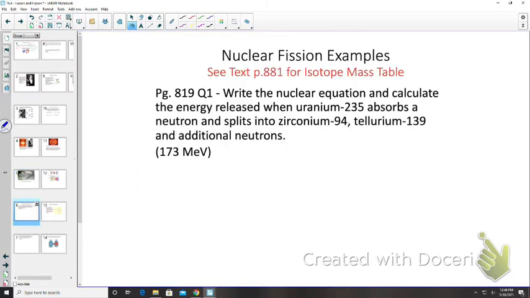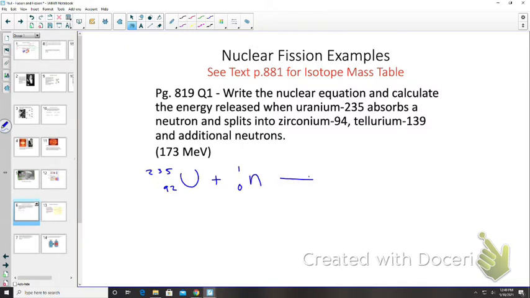Okay, so let's get into a nuclear fission example. We're to write the nuclear equation and calculate the energy released when uranium-235, which has 92 protons, absorbs a neutron. A neutron is 1, 0, n, so there are no protons.